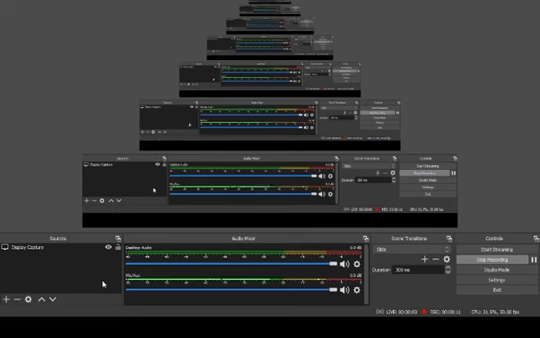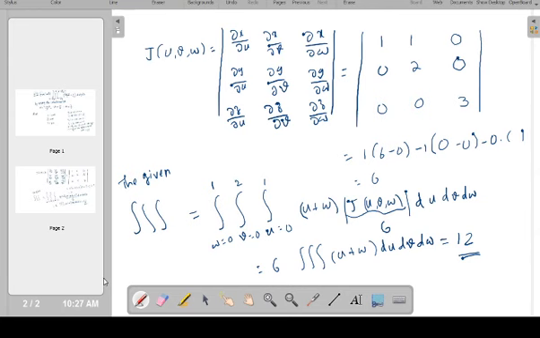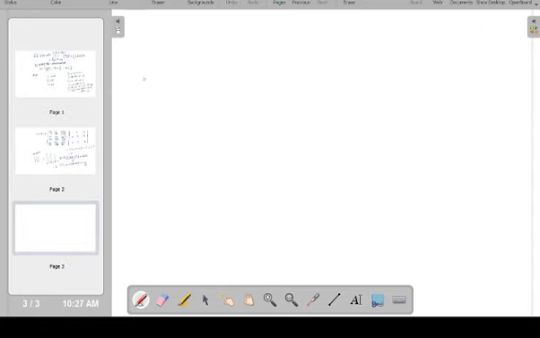So this chapter is integration in vector fields. This is chapter 14 from the textbook, Chapter 14 from Thomas and Finney, integration in vector fields.